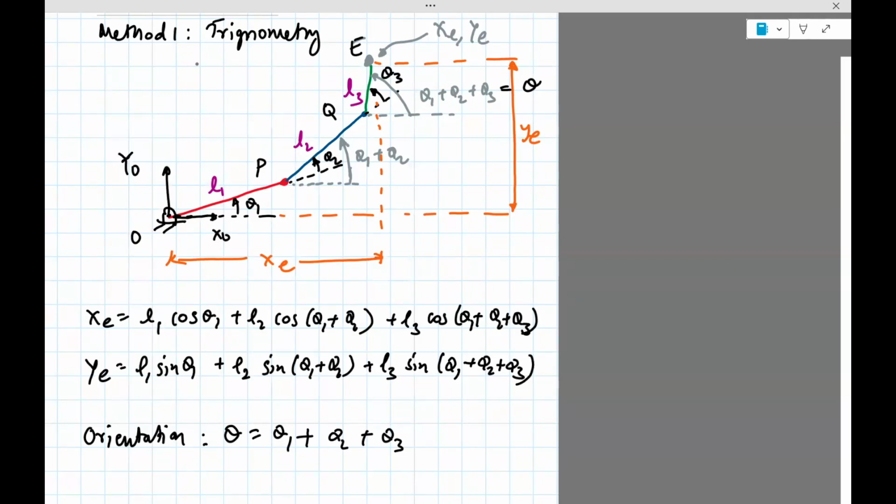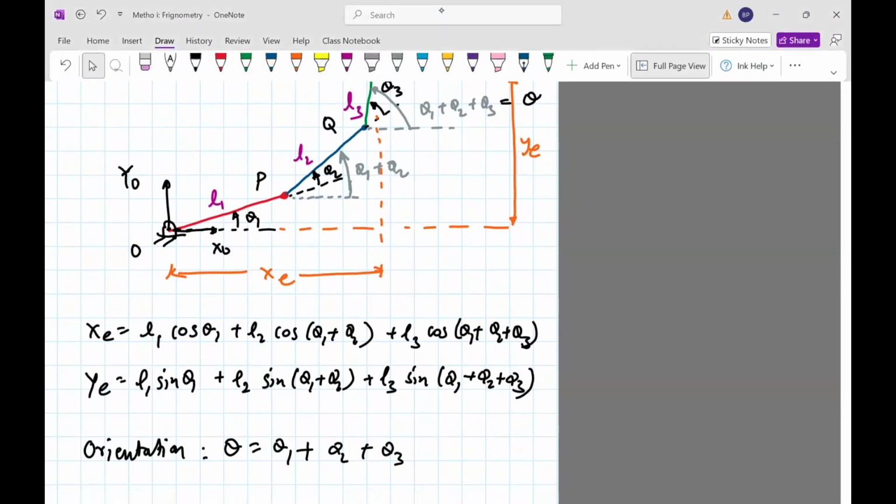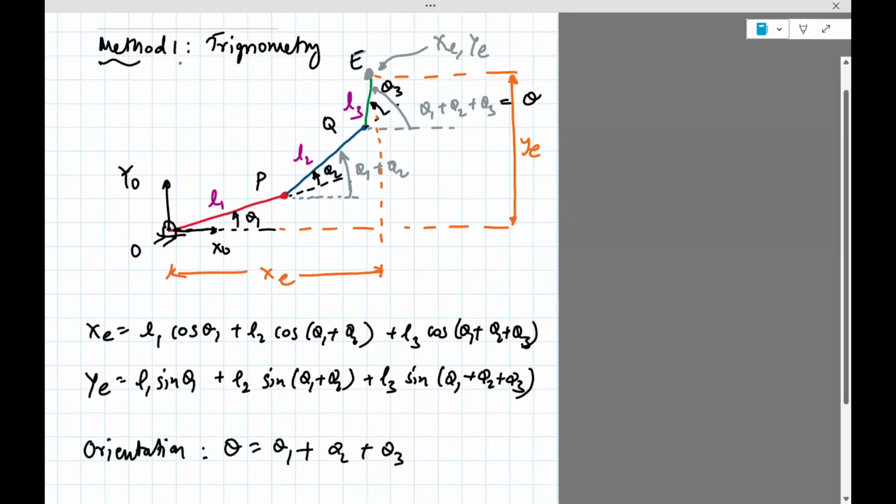Now, let's redo the same problem using homogeneous transformation with the hope that what we'll get will be the same as what we get using trigonometry, which we know is correct based on our reasoning. And then when we go to 3D, we'll never look at trigonometry.